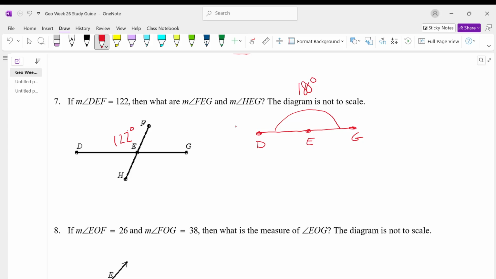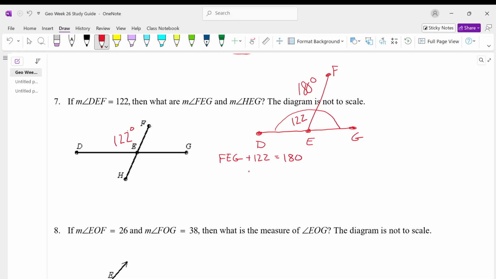So if the measure of a straight line is 180, and then we go from E to F right here, and we say that this is 122, well then isn't FEG plus 122 equal to 180? All right, so FEG plus 122 equals 180.